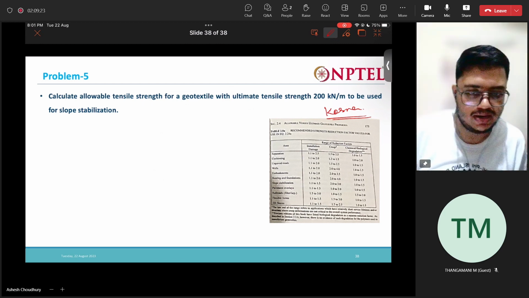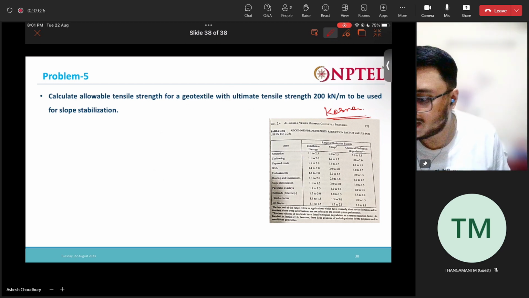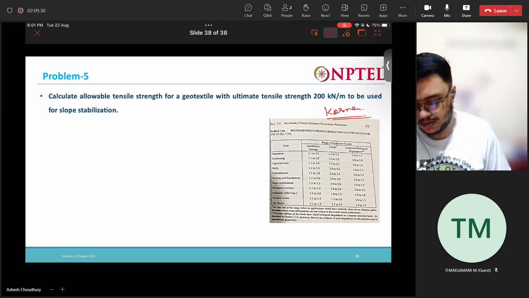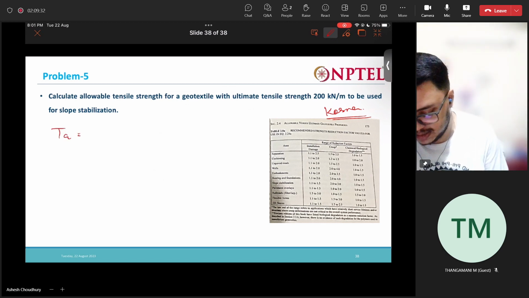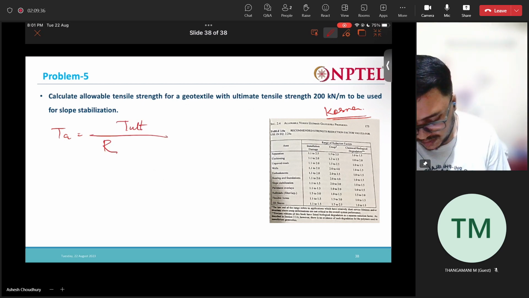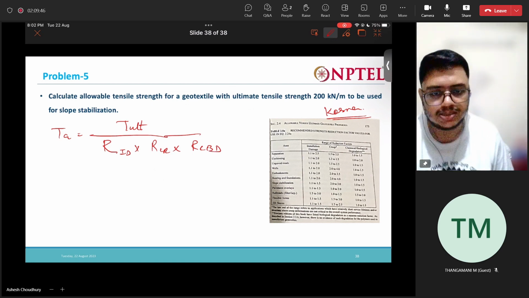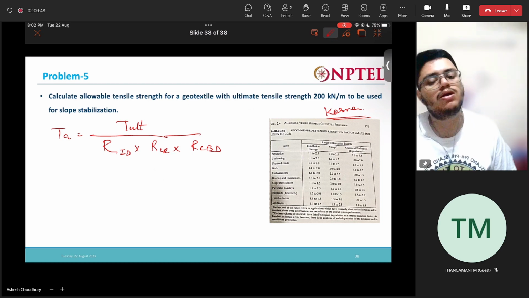In that book, he represented this allowable tensile strength as T ultimate divided by reduction factors: one for installation damage, one for creep, and another for chemical and biological damage. Only these three factors.